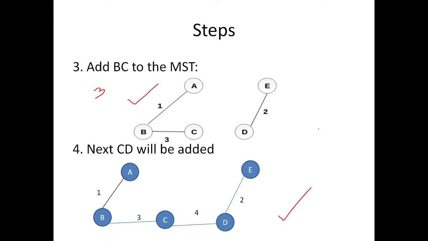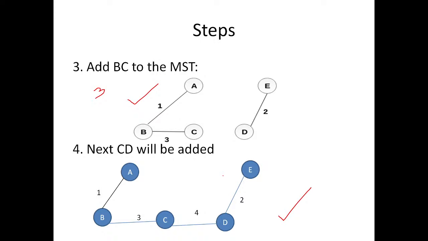Fourth one is CD, not creating any cycle and being connected with the graph. And the rest, AC, AD and AE, all three of them are creating cycles, so we cannot consider them. So this is how our minimal spanning tree is constructed by the Kruskal algorithm.